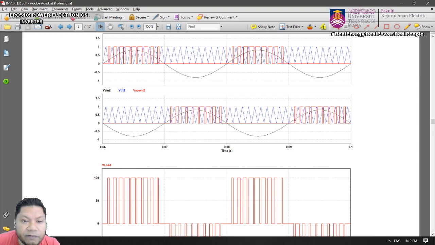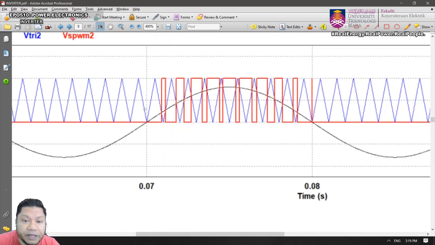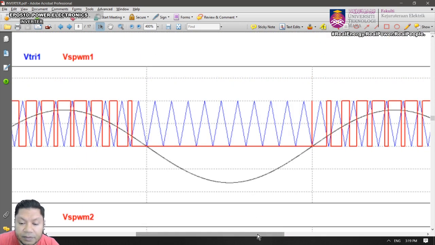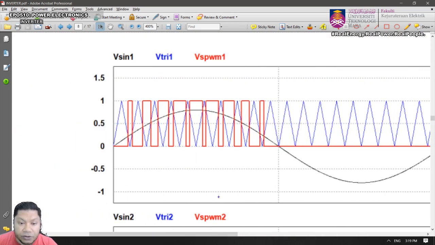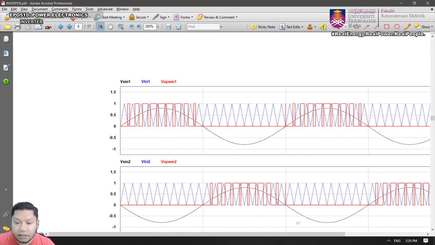So let's have a look at the waveform. If I can zoom it a bit, now you're going to have this is 1 and your modulating signal will be 0.8. If you compare, the modulation index was 1, now the modulation index is 0.8. So that would be the modulating signal.